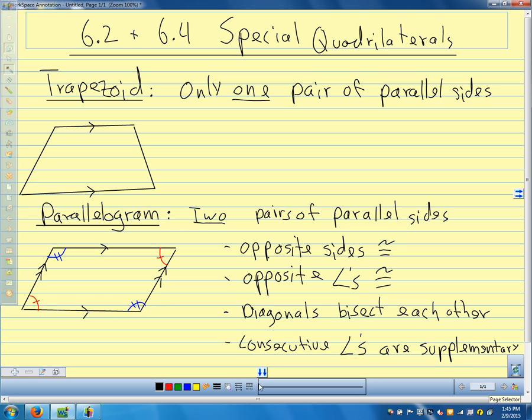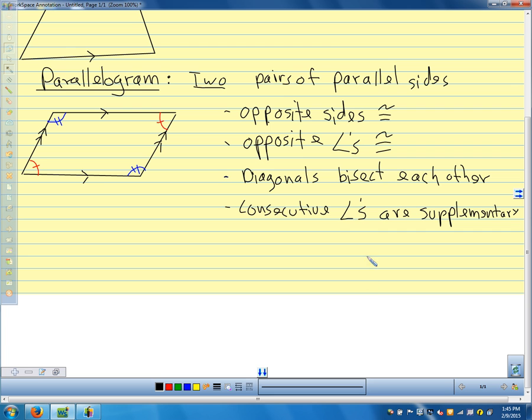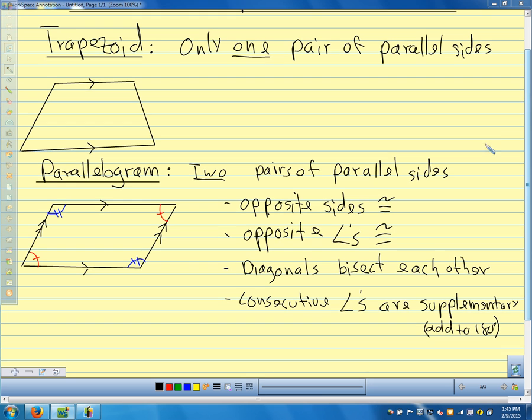Supplementary means they do what? Add to 180. So all of those things are true about parallelograms. Two pairs of parallel sides, opposite sides congruent, opposite angles congruent, the diagonals bisect each other, and consecutive angles are supplementary.